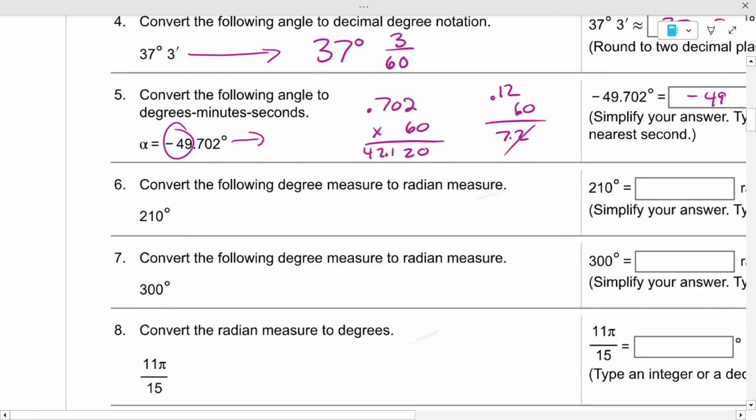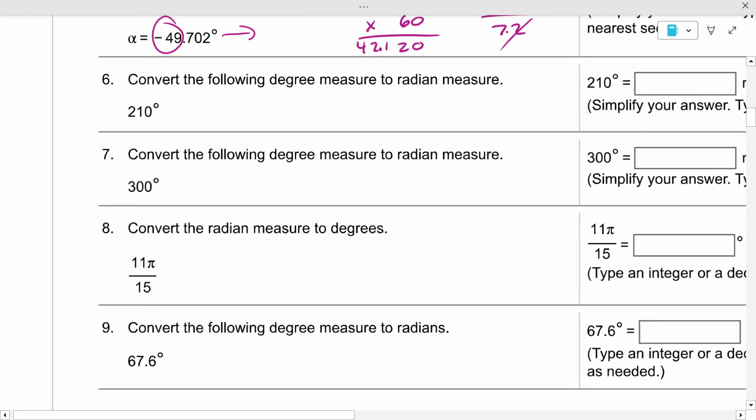Okay. Converting from degrees to radians, times pi over 180. But on your calculator, you don't put in the pi. On your calculator, you make that fancy little fraction, and you go 210 over 180, and your calculator should say that is 7 over 6.